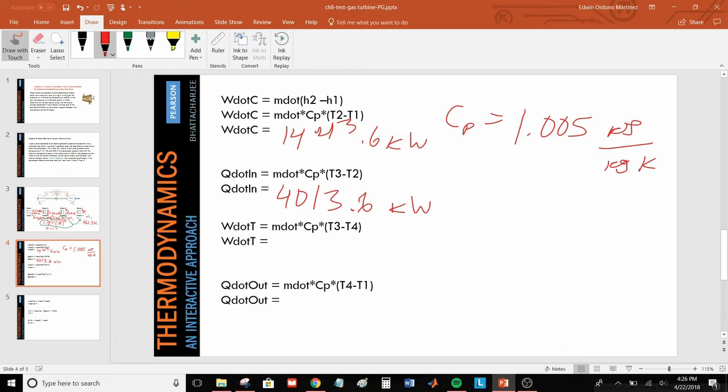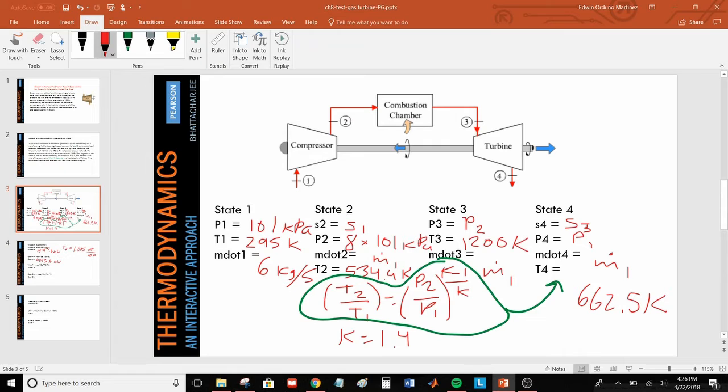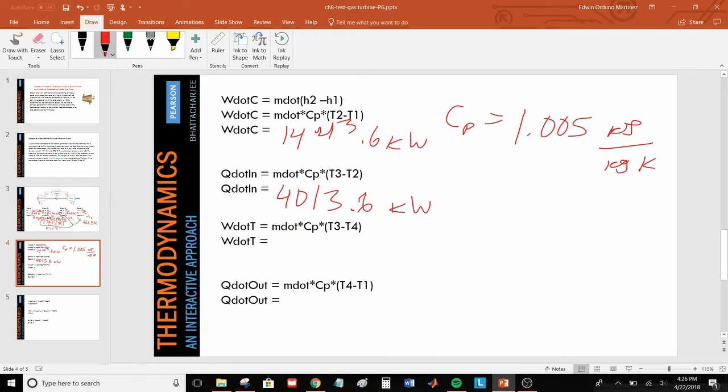For the power in the turbine, mass flow rate times specific heat times the change in temperature from temperature 3 to temperature 4, which is given as 3239.1 kilowatts.